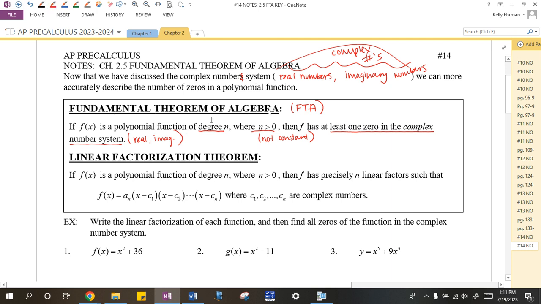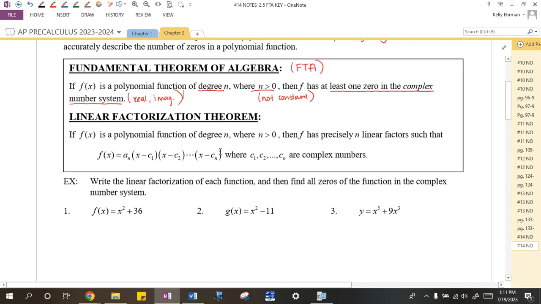That's the fundamental theorem of algebra, but the linear factorization theorem tells you exactly how many zeros you're going to have. So if f of x, again, is a polynomial function of degree n, and n is linear or higher, then f has precisely n linear factors, and therefore n complex zeros, because from each factor comes a zero, such that f of x can be factored into some coefficient a times x minus one of the zeros times x minus another zero, all the way out until you get to the nth zero.